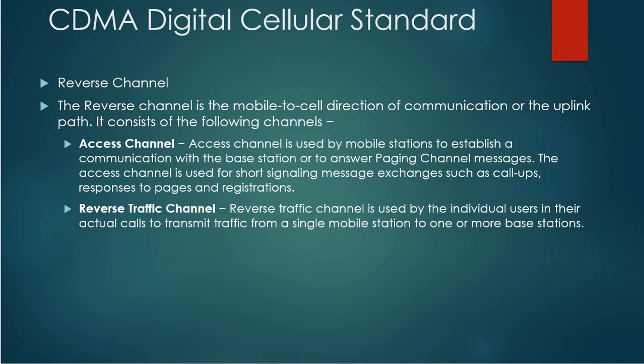The next point is the reverse traffic channels. Reverse traffic channels are used by individual users for their actual call, to transmit traffic from a single mobile station to one or more base stations. If it is the MS of a single user, the actual code transmits from a single mobile station to one or more base stations.